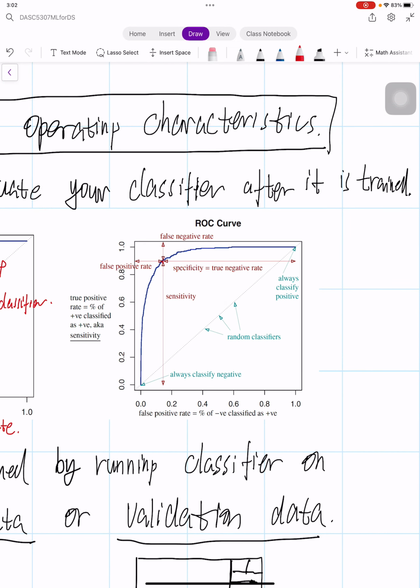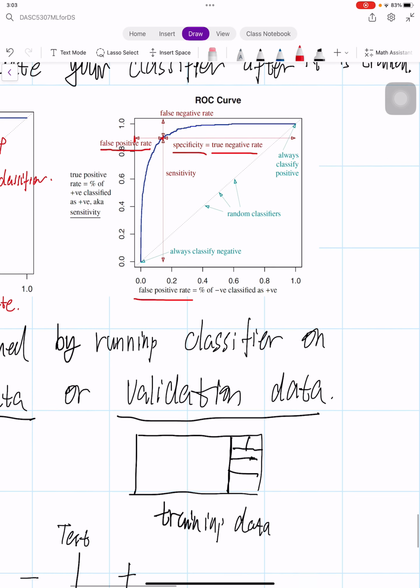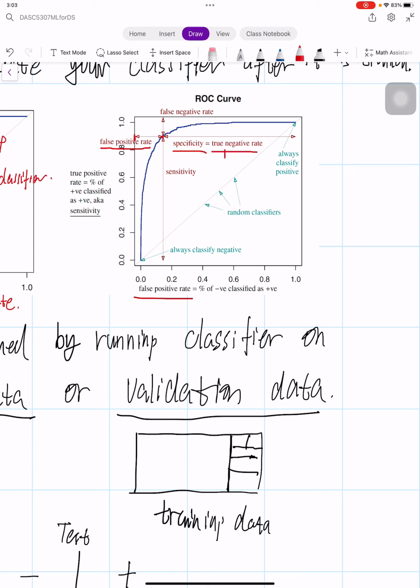The distance from the y-axis to this point is the false positive rate. This is the scale of the x-axis, and one minus this is called the true negative rate, which is called the specificity. True negative rate equals one minus false positive rate.